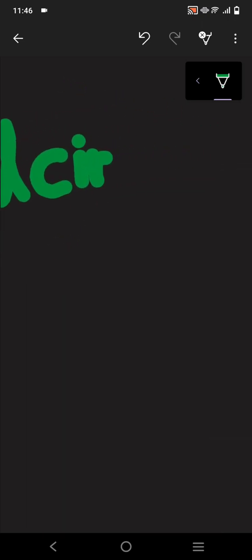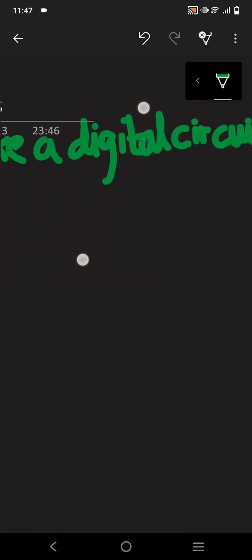Okay. Digital circuit, in which there will be two or more inputs, but there will be one output. Like there will be two or more than two inputs, but the output will be one.